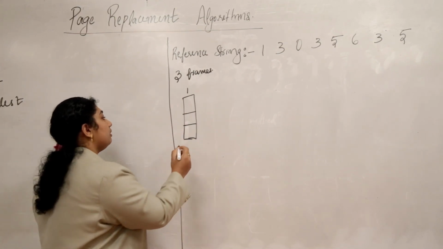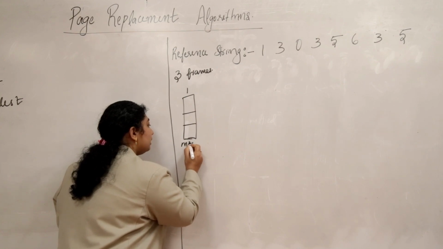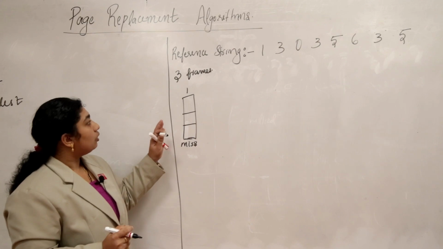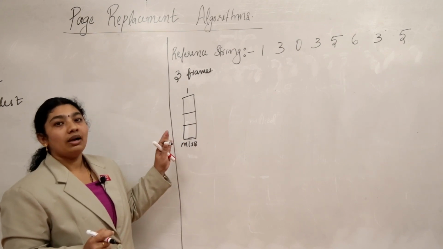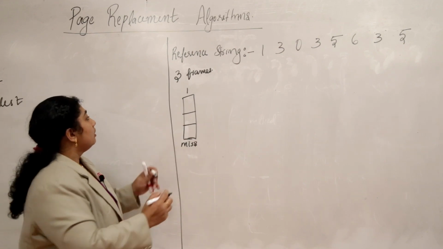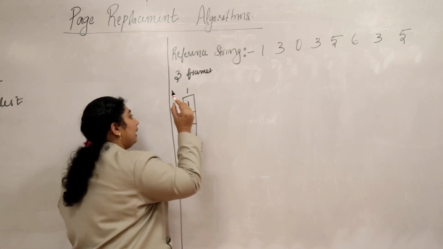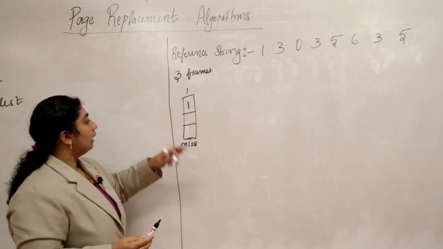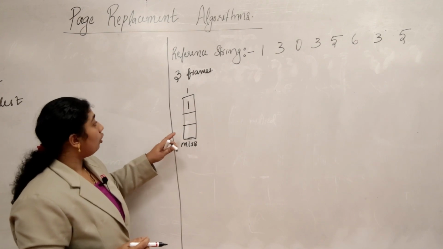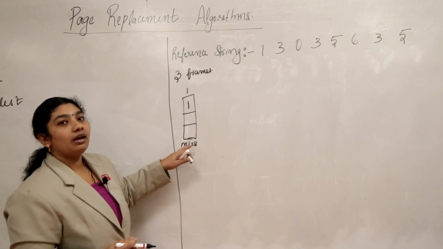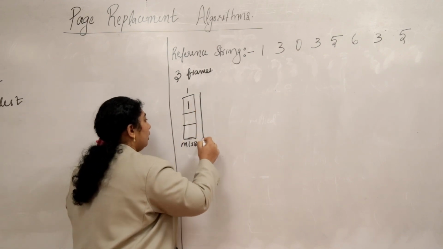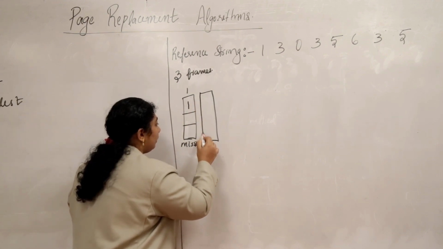It is not present, which means we have a page miss. So page number 1 should be loaded from virtual memory and kept in the physical memory. We need not do any replacement as there are free frames available. So 1 is stored; we have a miss, but no need of replacement.